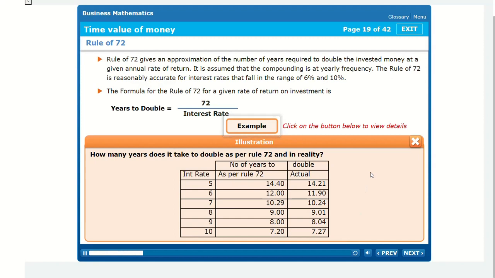Example. Illustration. How many years does it take to double this per rule 72 and in reality?